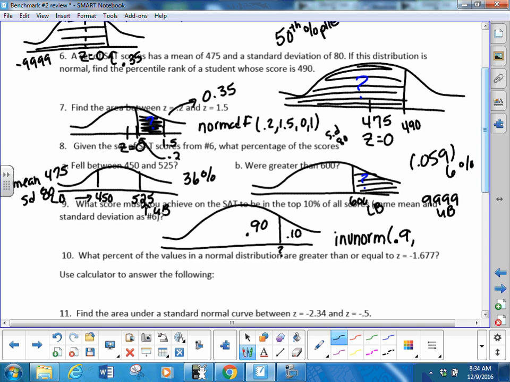Since I know that the mean is 475 and the standard deviation is 80, I can just go straight to it, as opposed to finding a z-score for this and changing the z-score. This is a little more straightforward. And that gives me a number of 577.5 around.